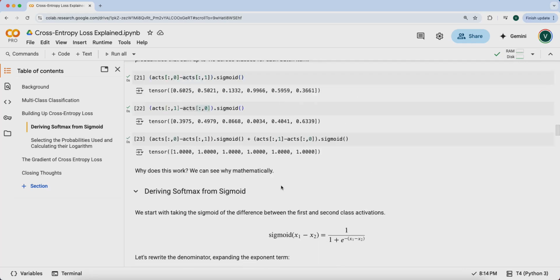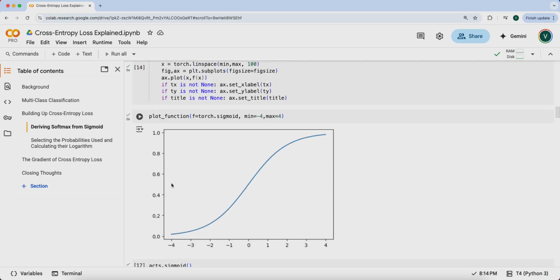So if we go back up here to our sigmoid function, here is 0.5, and here is 0. So if we passed in a difference of 0, that would mean that each class, class A and class B, or class A and not class A, has a 50% probability, right? So that was kind of a key understanding for me to understand how this difference in binary class and sigmoid all kind of interact with each other.